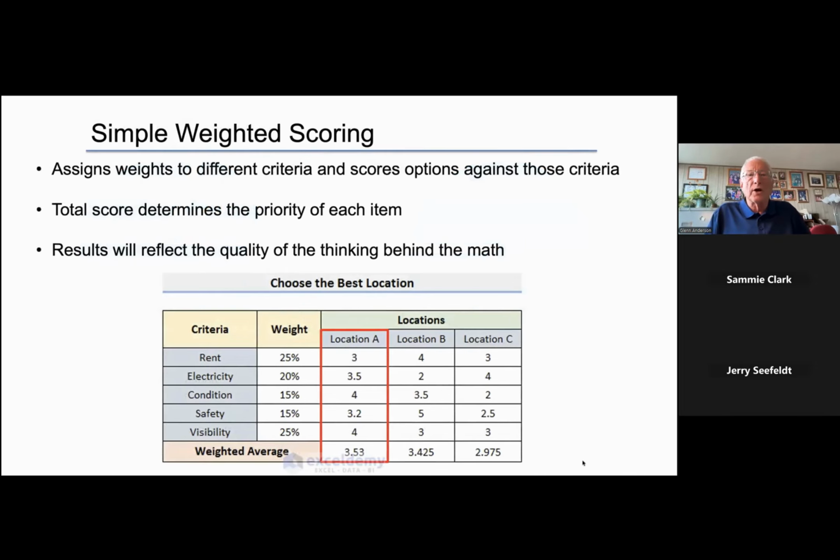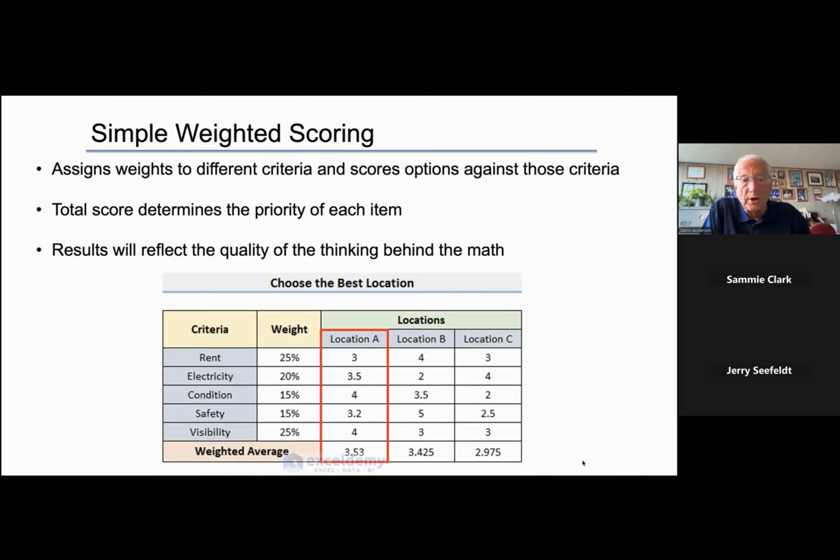Simple weighted scoring is a little more complicated. It assigns weights to criteria that you have come up with. So again, going back to the DGAP process, if you've identified items and you've talked to stakeholders, the stakeholders might say, well, this is the criteria you should be using to prioritize the items on this list. So in this example here, I've got 3 locations.